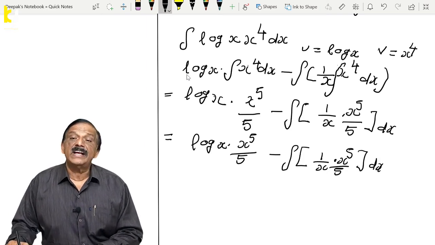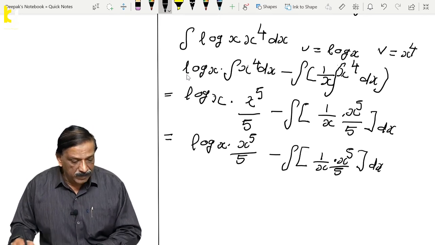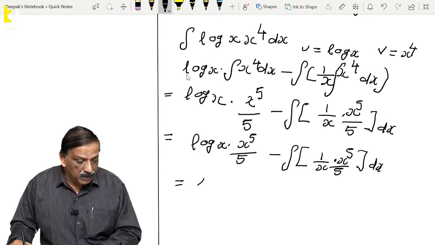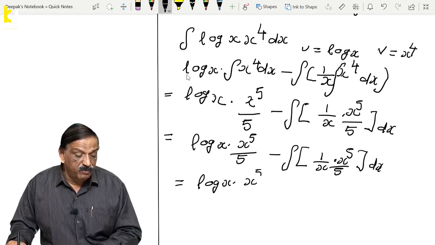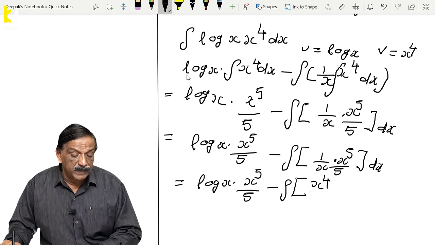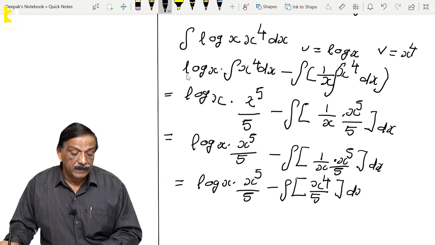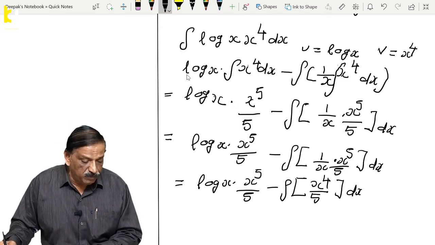We know we can cancel x in x raised to 5. So this is equal to log x into x raised to 5 divided by 5 minus integral of x raised to 4 divided by 5 dx. We can cancel x in x raised to 5. So we will get x raised to 4.